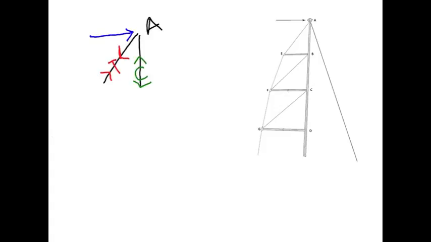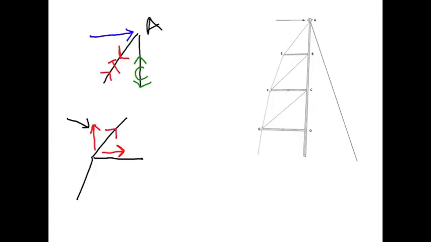So let's move on to node E, which is going to look something like this. And we already know we have a tension force here, which, just like before, is going to have to be split up into vertical and horizontal components. And just as before, we know axial forces can't go around corners, or not right angle corners anyway.